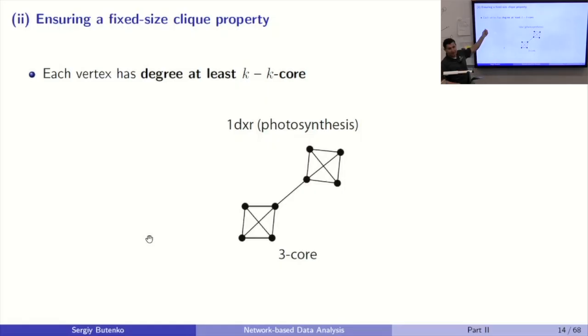Now, if I drop the part where I say of cardinality K plus 1, then I obtain the definition of a K-core, right? So this is the degree-based relaxation based on ensuring a fixed size clique property. So we get this definition.